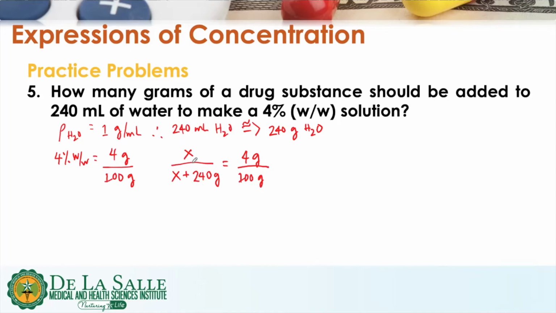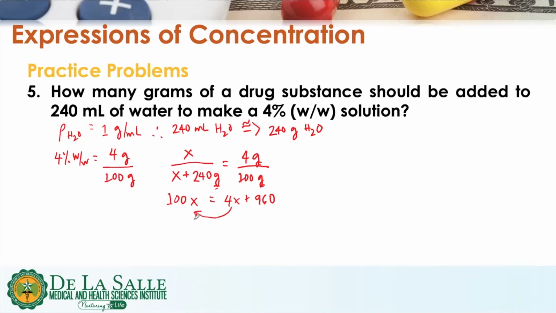So we express the amount of the drug as X. Now rearranging the values in this equality, we have 100x. We will first drop the unit grams so that it will not be confusing. 100x equals 4x plus 4 times 240, that will be equal to 960.